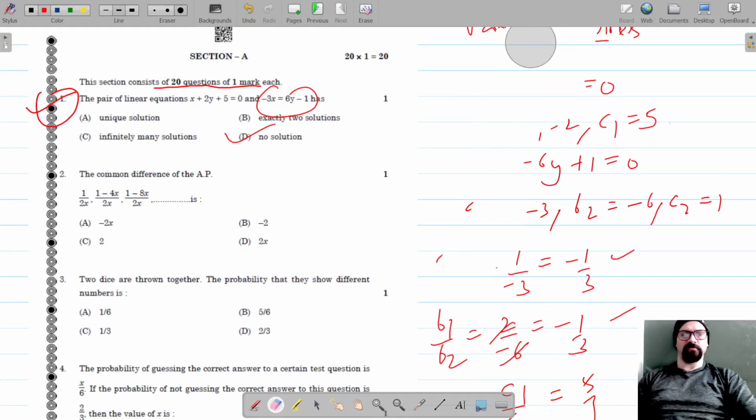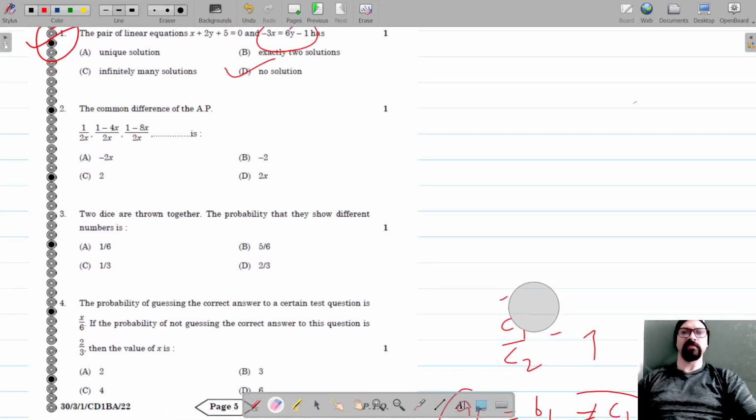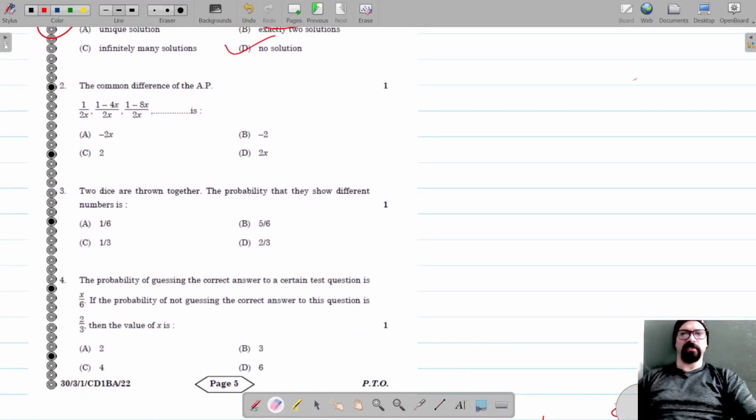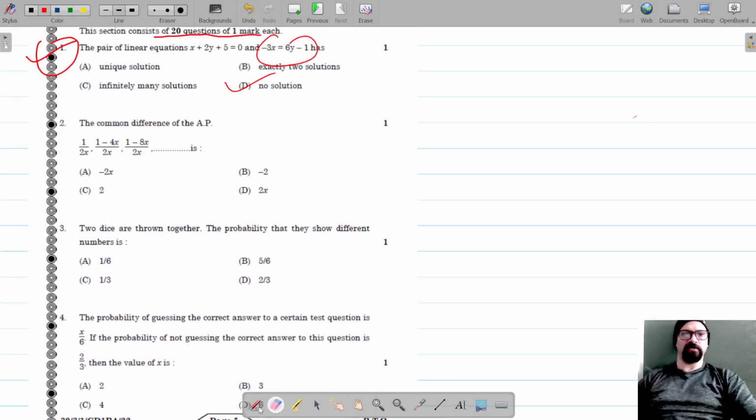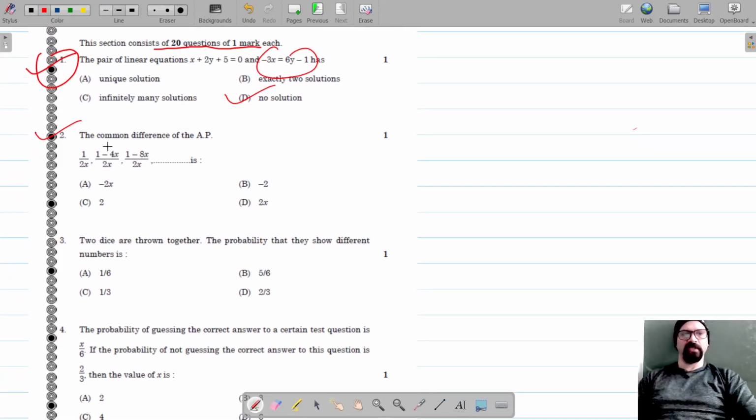Moving on to question number 2, we have to find the common difference for the given AP, and we know that we can find the common difference by subtracting any two consecutive terms.